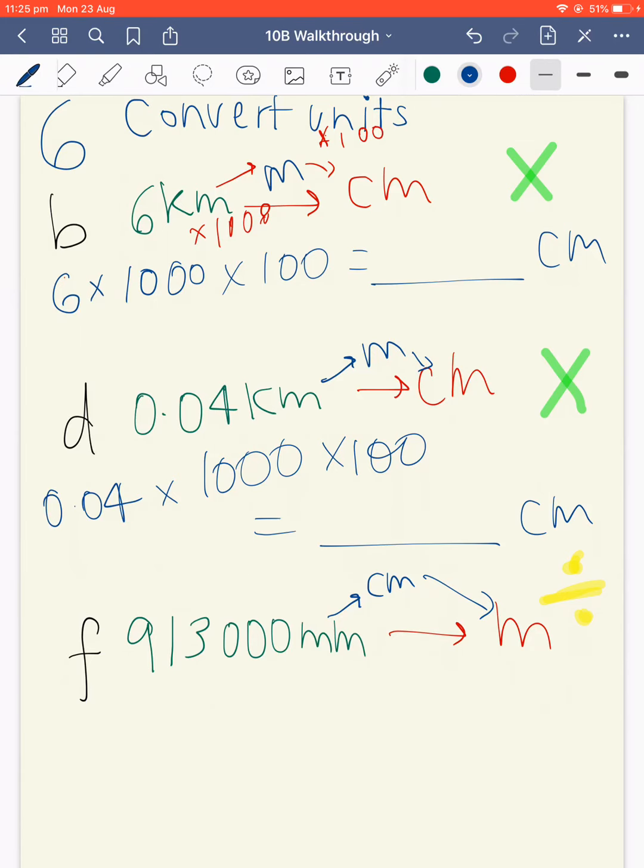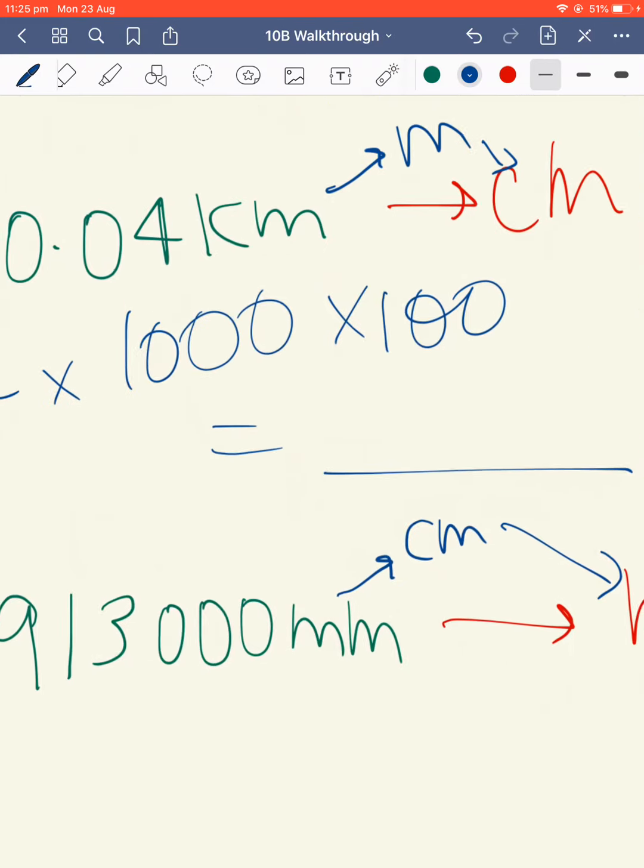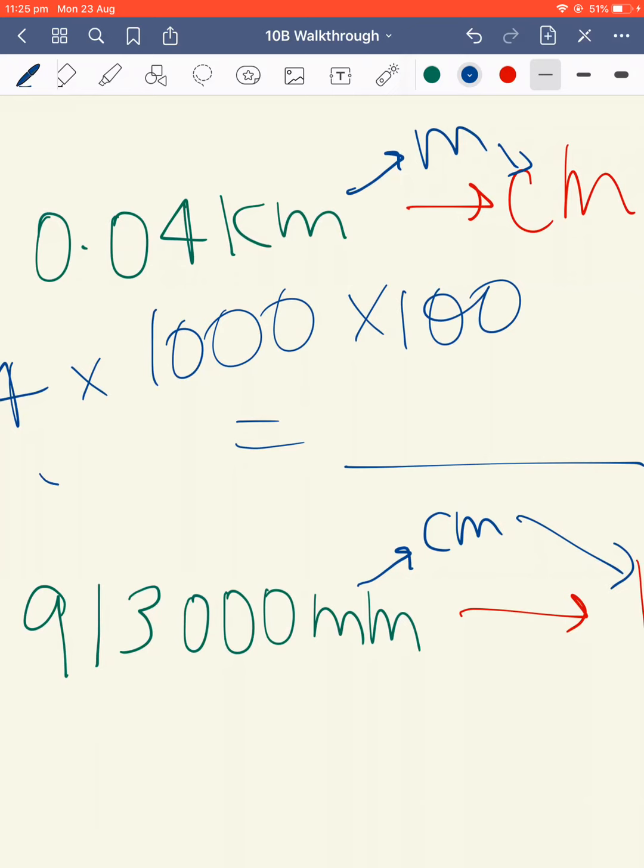Okay, so if I'm going from millimeters to centimeters, what I am actually doing, as I just said earlier, is going from a small unit to a much larger unit. So from a smaller unit to a much larger unit, I am going to be dividing. In this case, from millimeters to centimeters, by 10.